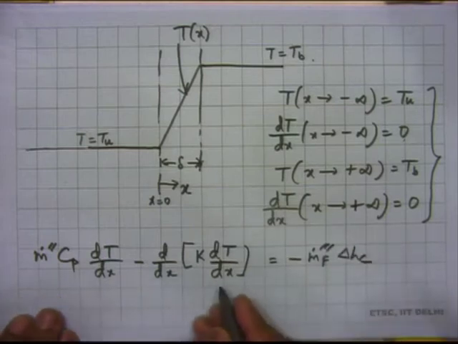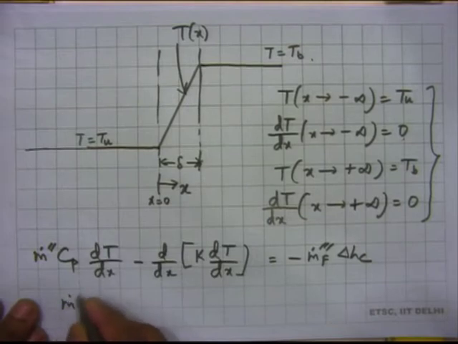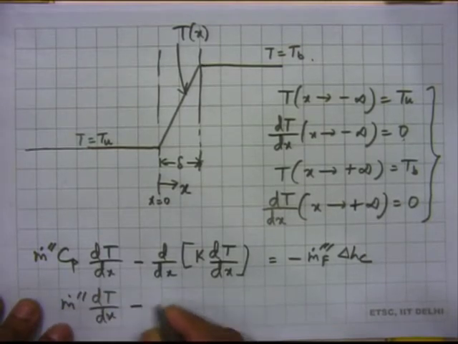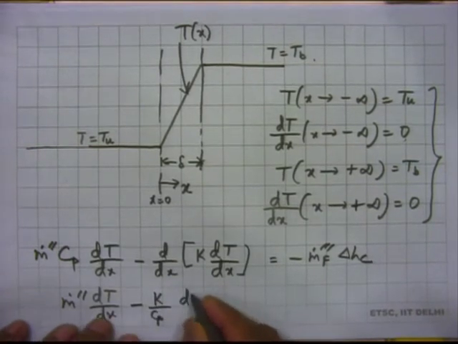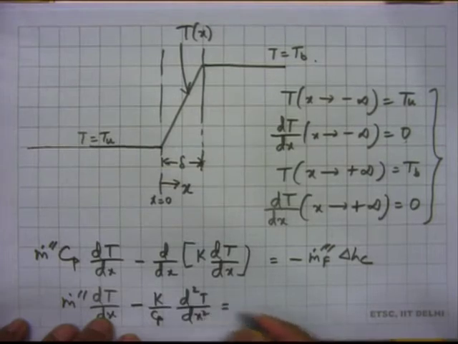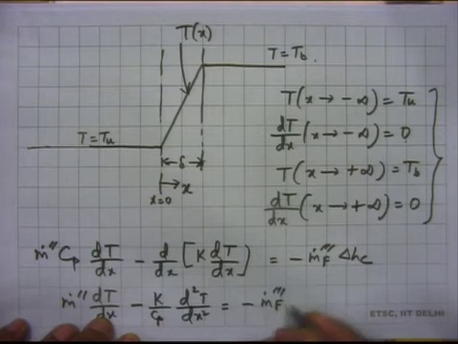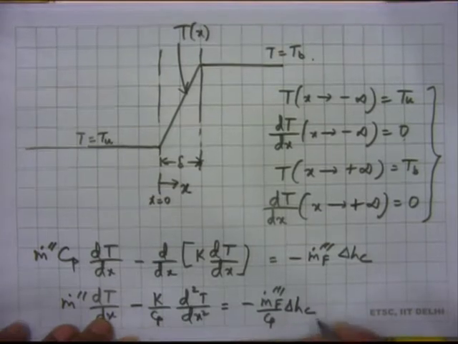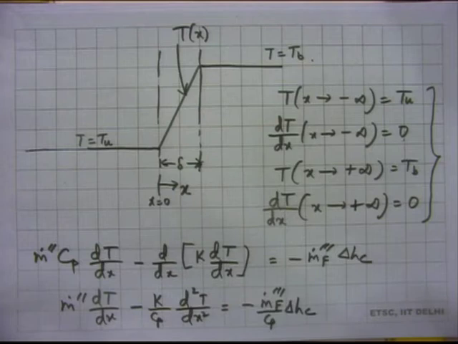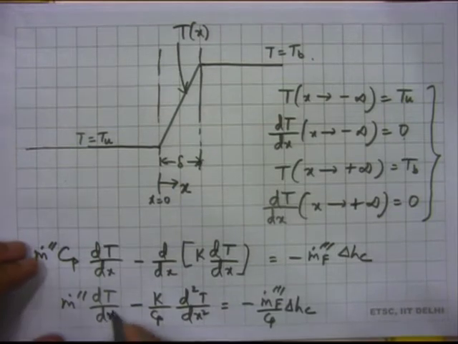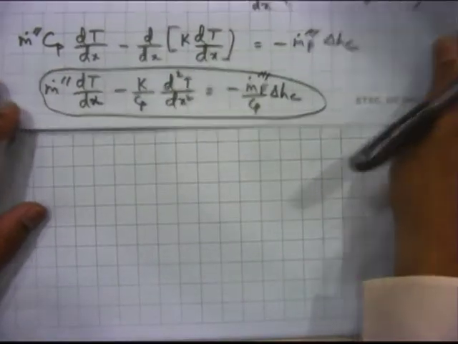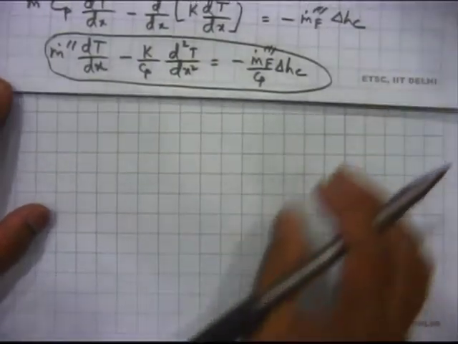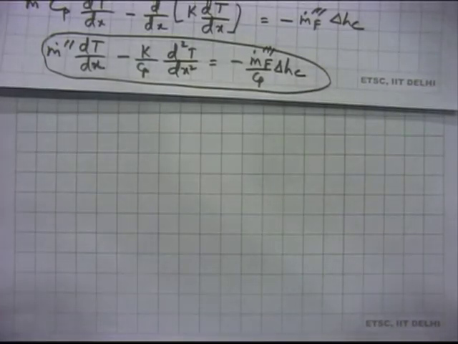And we will divide by Cp, so that it becomes m dot double prime, so it is this one now, and we will integrate this. So, let me keep the equation here and keep the figure in mind.